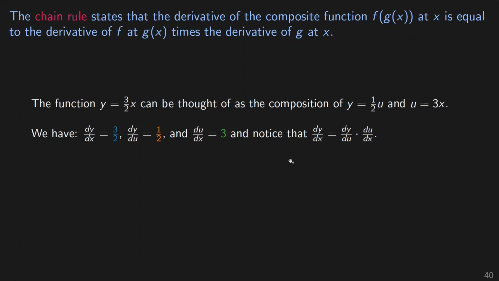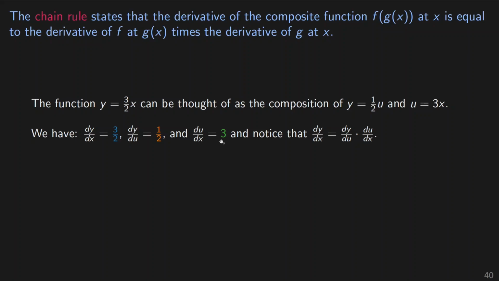And now we can have a look at the derivative. So if you look at the derivative of y with respect to the variable x, well, that's obviously 3 over 2. It's a very simple linear function, so the derivative is 3 over 2. But the derivative of y with respect to u for this function here is 1 over 2. And the derivative of u with respect to x is 3. These are all simple differentiations.